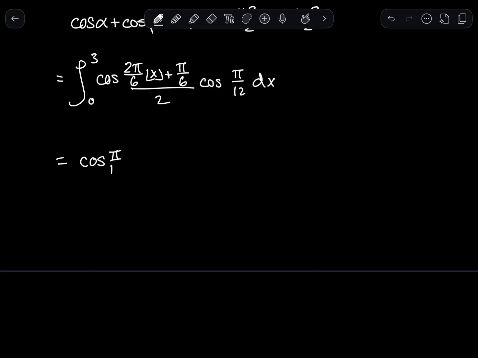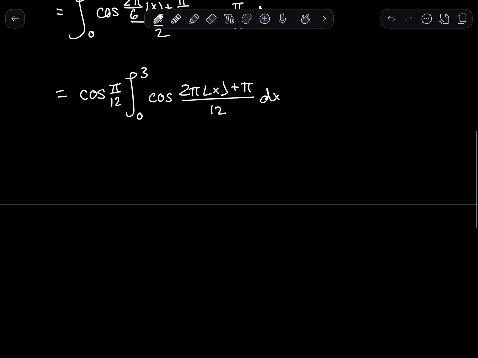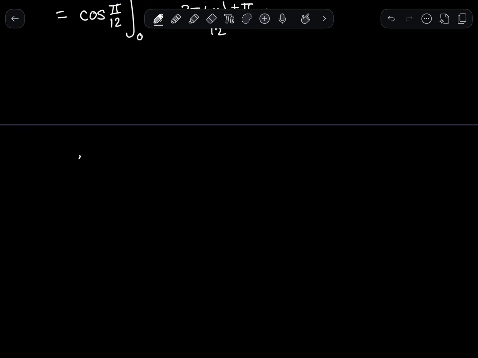And then we finally get the integral. We'll first take out the cosine of pi over 12. We get the integral going from 0 to 3 of cosine of 2 pi floor x plus pi over 12 dx. And now we have the beautiful formula, cosine of a plus b is equal to cosine a cosine b minus sine a sine b.